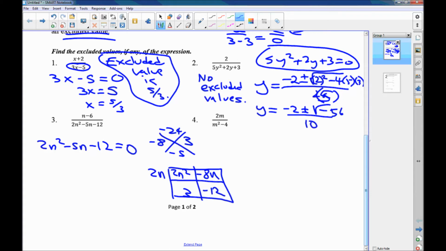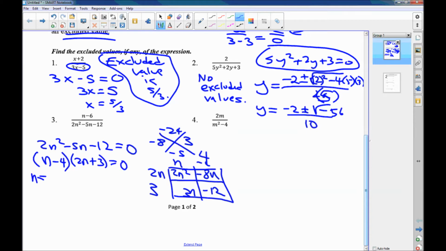So 2n can be factored out. It leaves behind n minus 8. And, oh, I'm sorry, n minus 4 here. 2 times 4 to make 8. And then I need a 3 down here. So 3 times n will make 3n, and 3 times minus 4 will make negative 12. So that works. So this would factor into n minus 4, 2n plus 3 equal to 0.